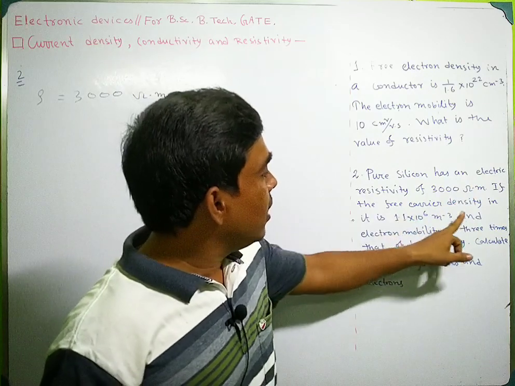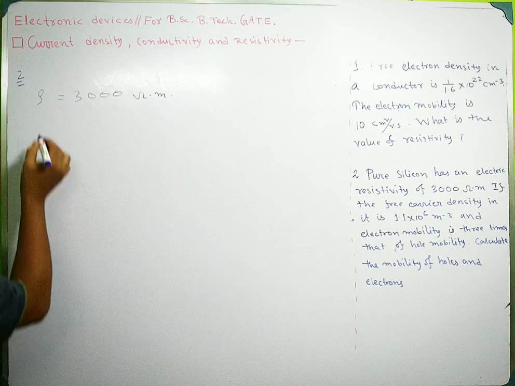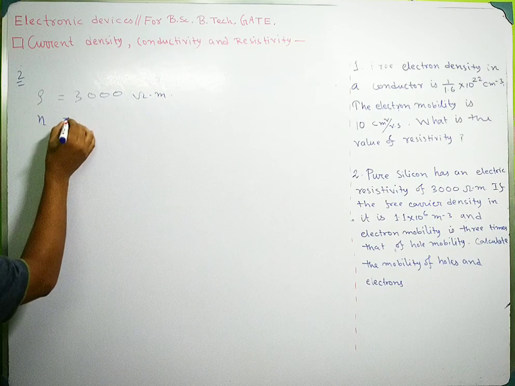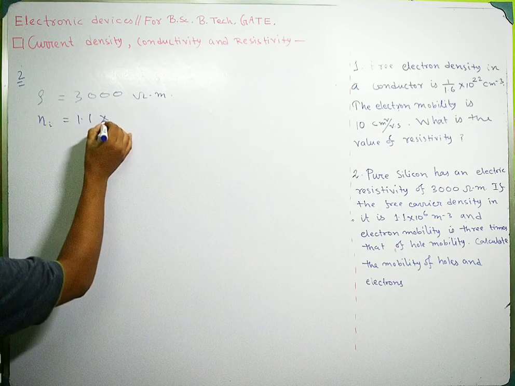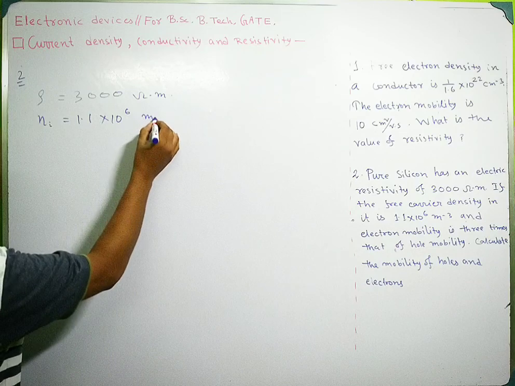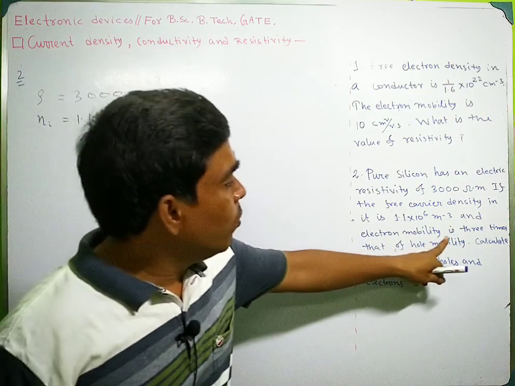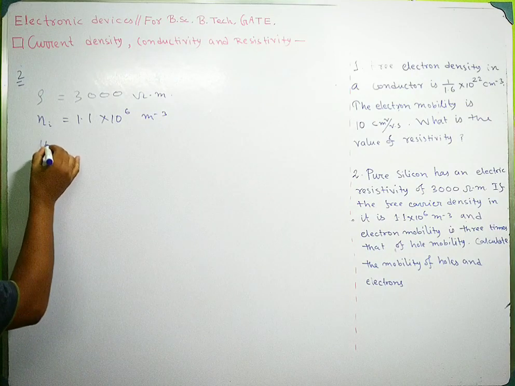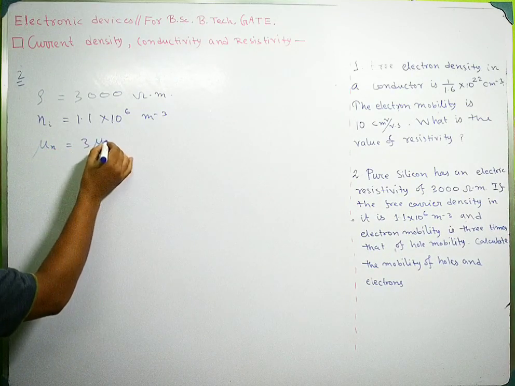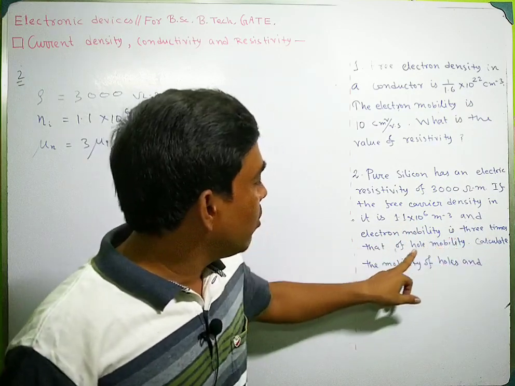The free carrier density in it is Ni, 1.1 into 10 to the power 6 per meter cubed. And the electron mobility is 3 times that of the hole mobility, so mu n is 3 mu p.